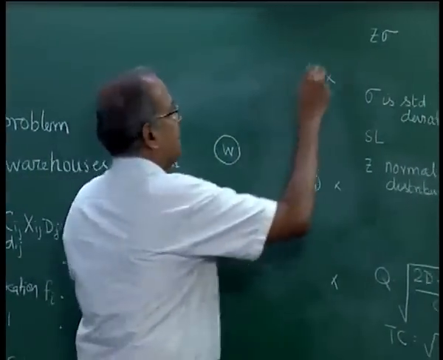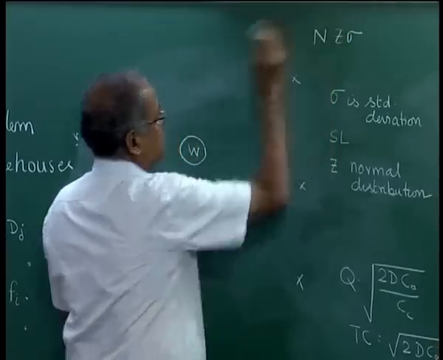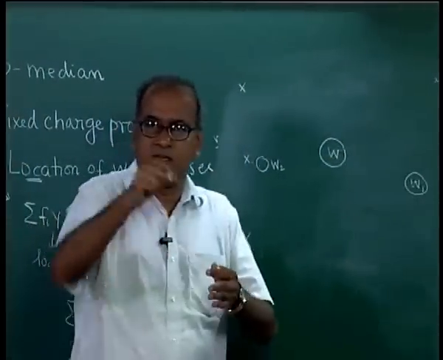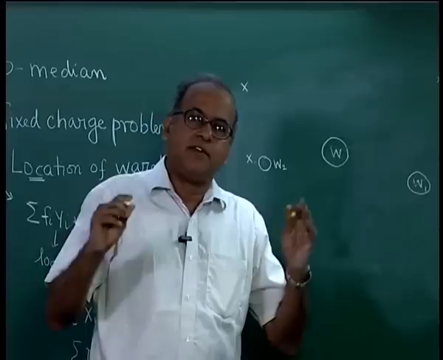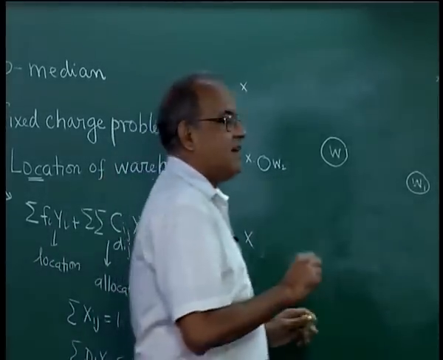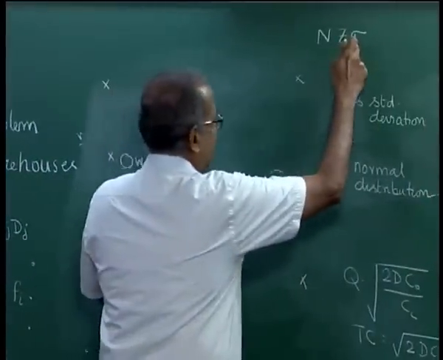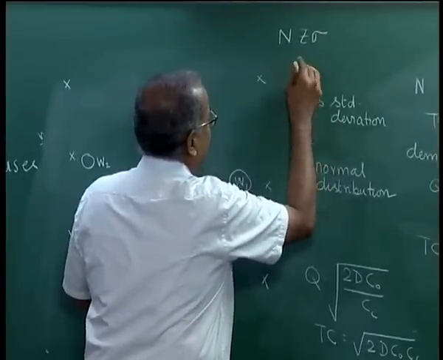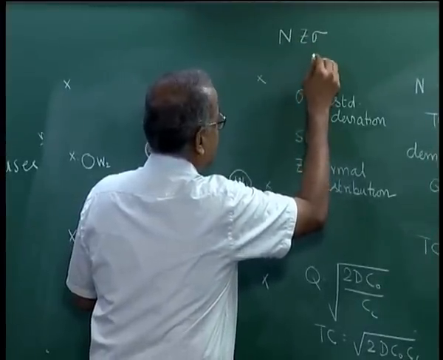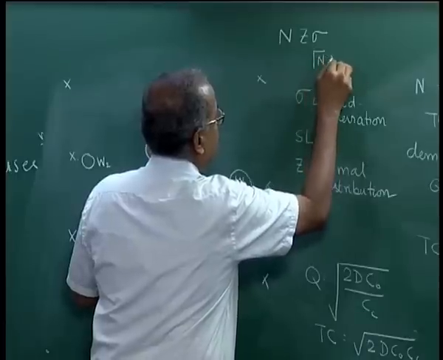Now, for n retailers we will have n into Z sigma, whereas when we pool them together we have already shown that the standard deviation when combined is root n into sigma.